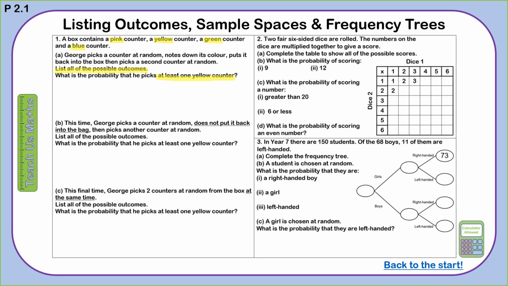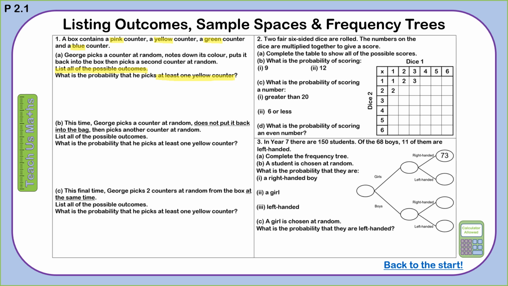However, George goes on to complete a second event, taking another counter out of the box. We need to list all of the possible outcomes of these 2 events. Before we go ahead and list the outcomes, let's abbreviate the words that we will have to list. In this case, the colours of the counters.